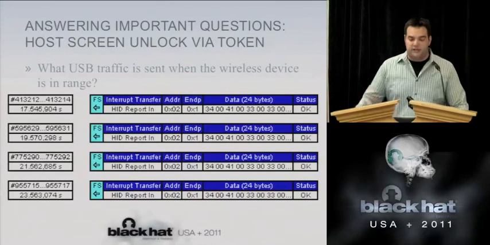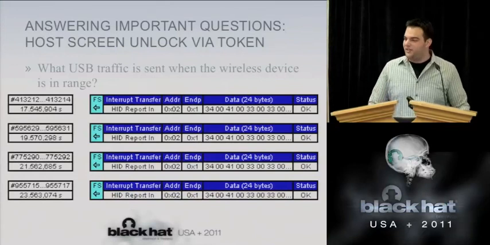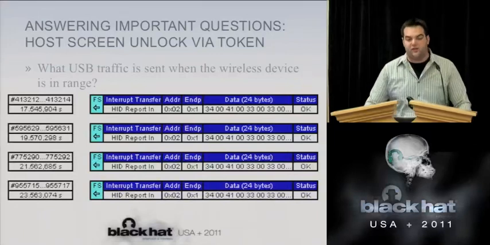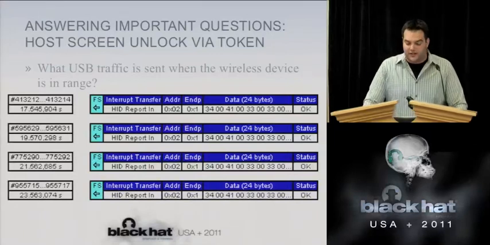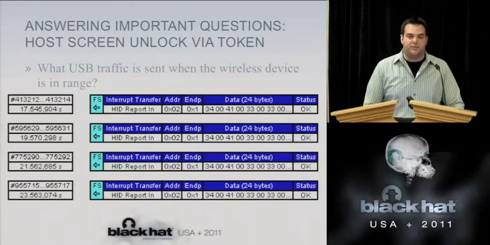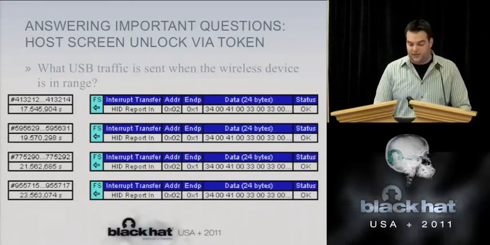And the first giveaway that this might be a bad thing is that we're sending a static message. No matter how many times we've unplugged, or gone in range or out of range, we're sending the exact same message over and over again to unlock the host device. There are actually 24 bytes of static data sent per token to unlock the device.